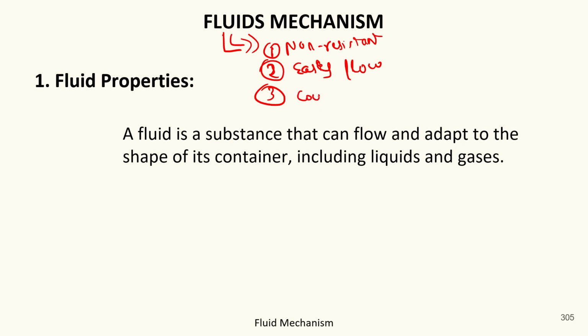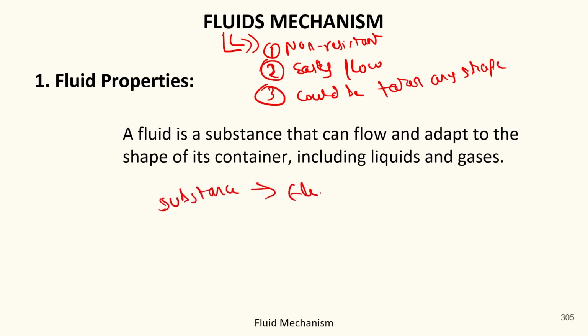Third condition is that it could take any shape. Got it? If any substance satisfies these three conditions, like the condition of being non-resistant, the condition of easy flow, and the condition of being able to take any shape, then the substance will be considered as a fluid.